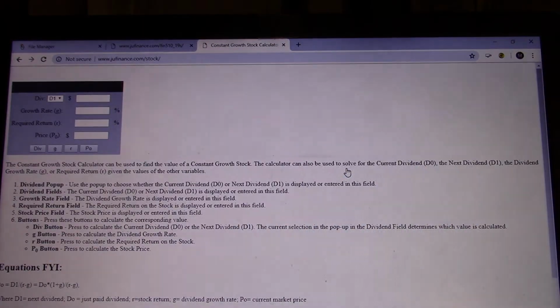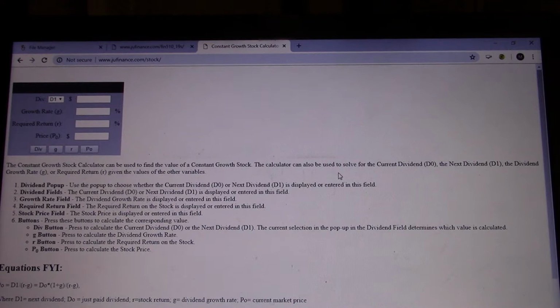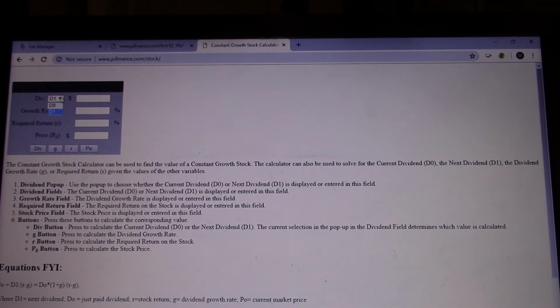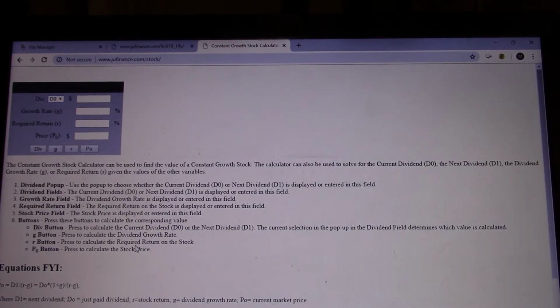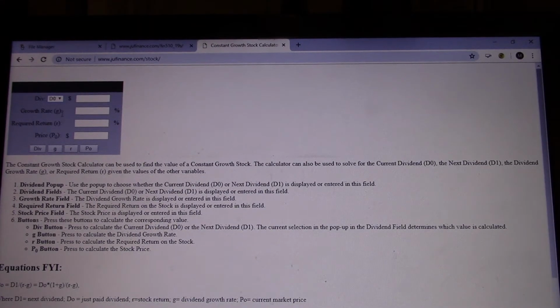Use this calculator. The factors for this model are either D1, which is the dividend for the next period, or D0, the current dividend, which the company just paid. Growth rate is the growth rate of the dividend.